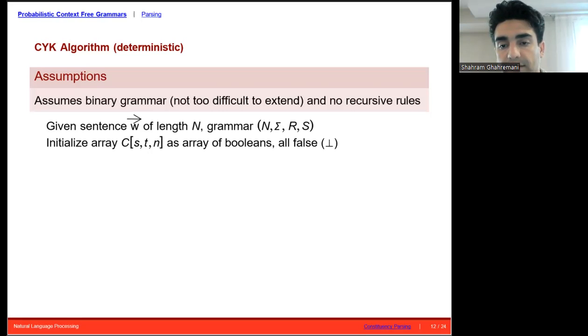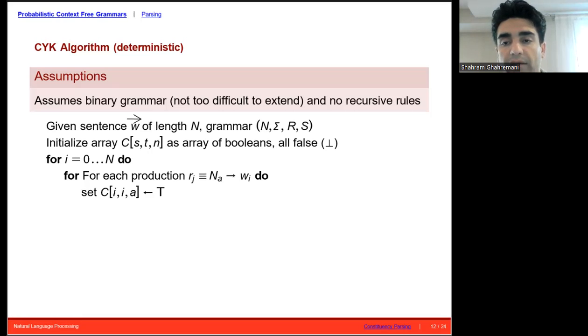You have the start of the span, you have the end of the span, and then you have a non-terminal. This is saying for the span starting at S, ending at E, is there a non-terminal that explains the yield in this span.